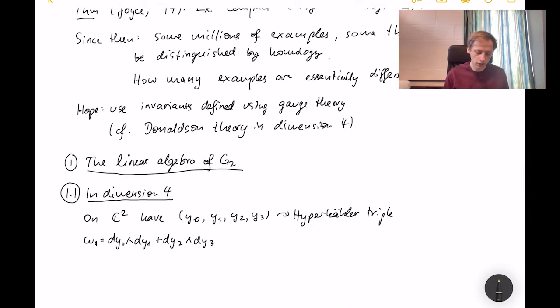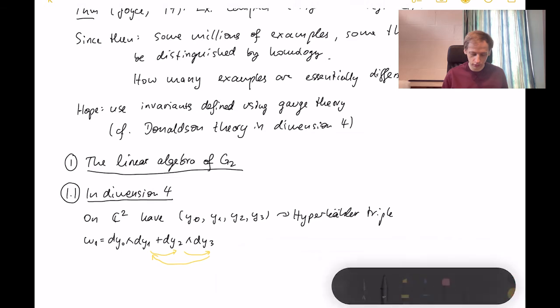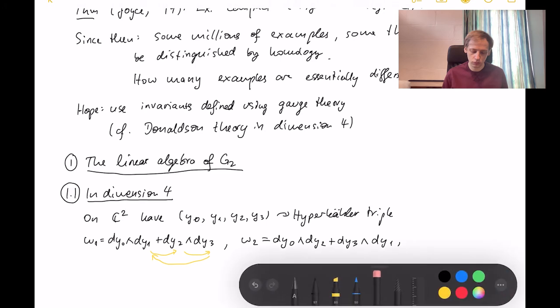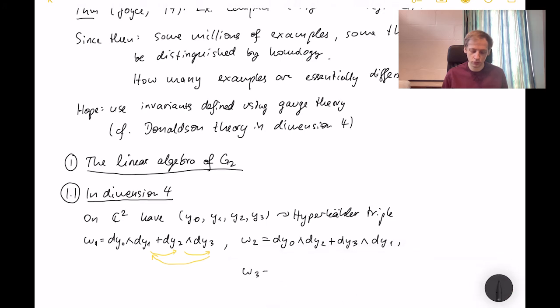And then we can cyclically permute these 3 indices to get the 2 other 2-forms. We get omega 2, which is dy0 wedge dy2 plus dy3 wedge dy1, and omega 3, which is dy0 wedge dy3 plus dy1 wedge dy2.